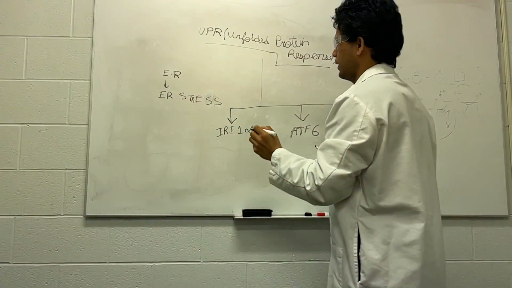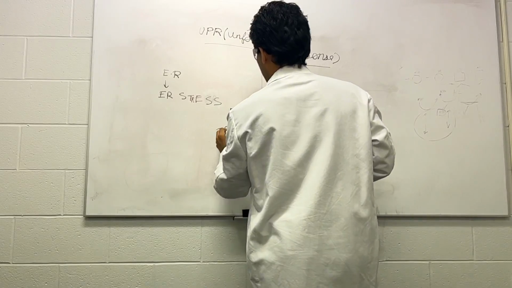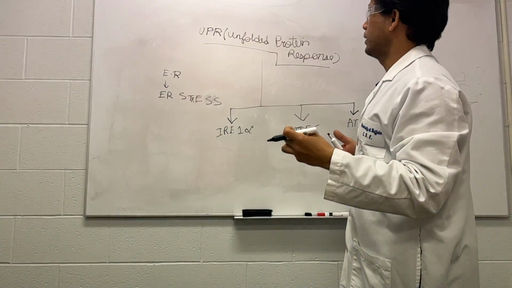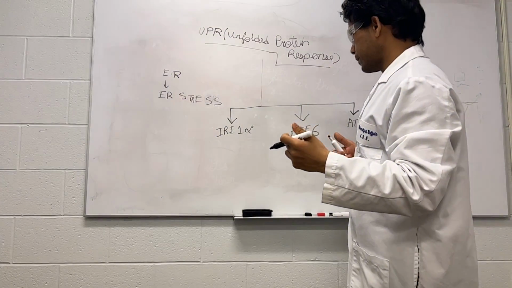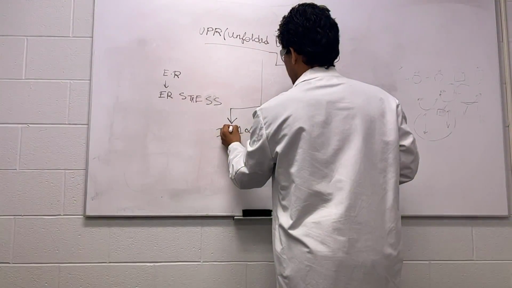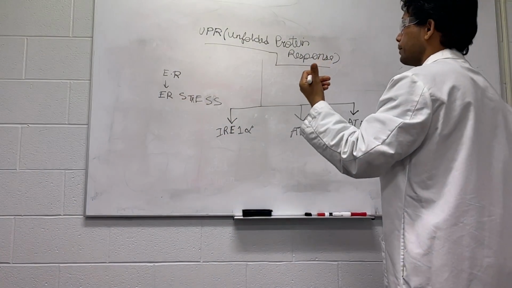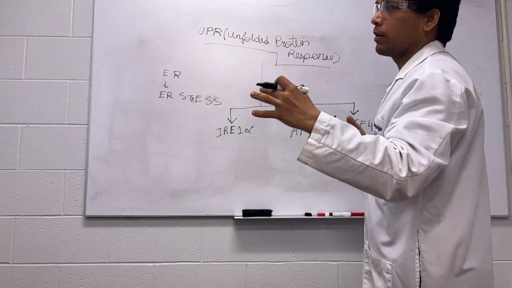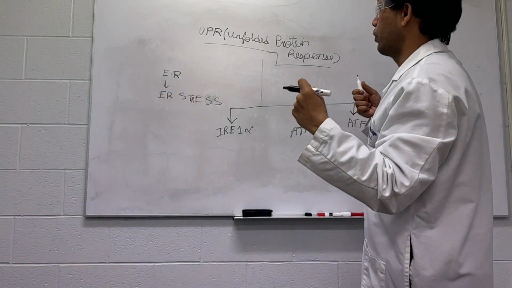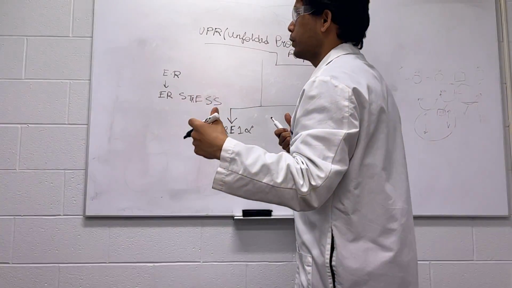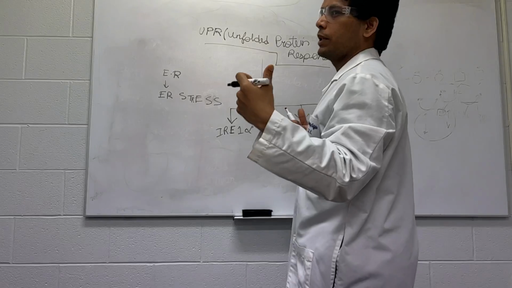In the IRE1 alpha response, the stress is on the endoplasmic reticulum because it is too crowded with unfolded proteins. So the main thing the cell will do is re-establish its original position.